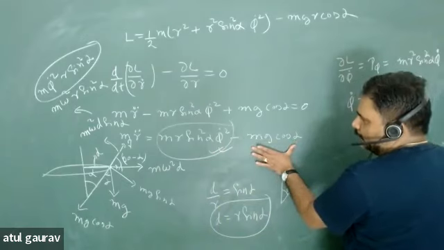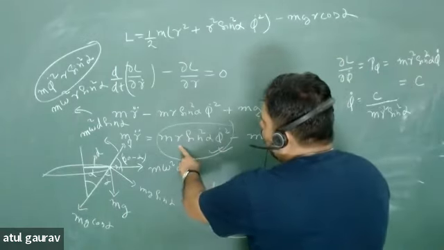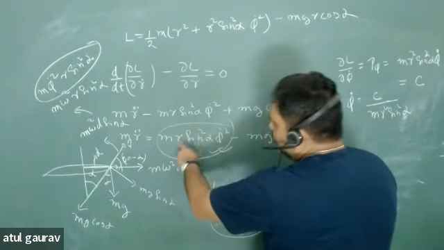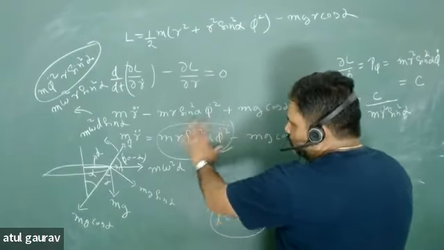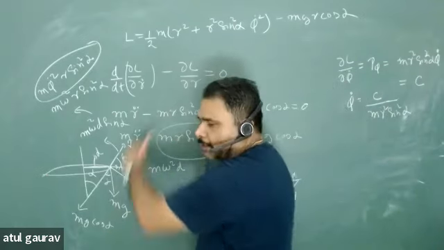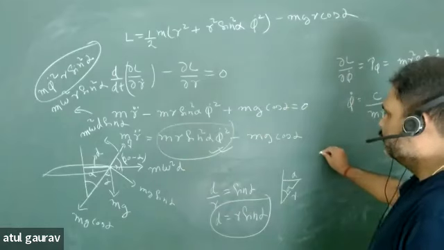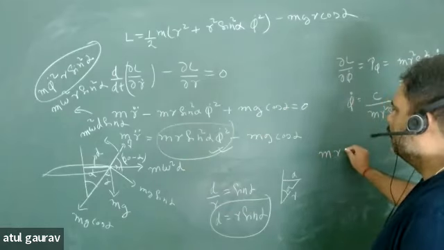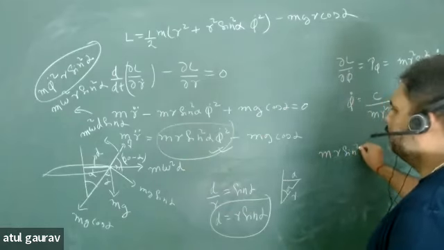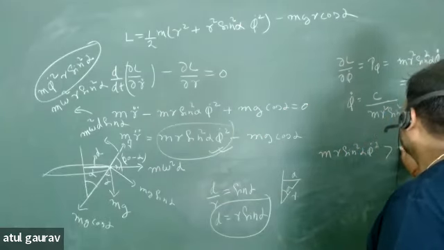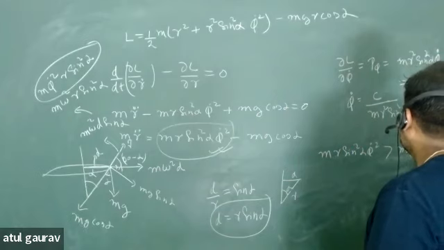So this is constant. Now if r increases, then phi dot will decrease. When r decreases, then phi dot will increase. When will this particle go upward? This particle will go upward when m r sin square alpha phi dot square is greater than mg cos alpha.